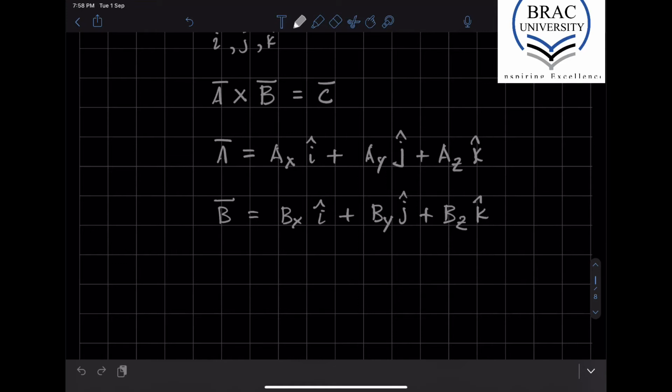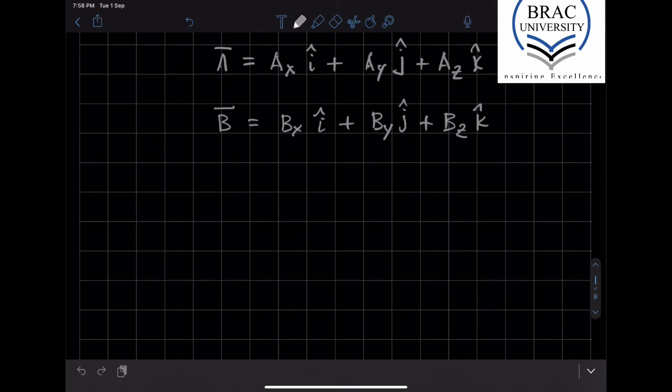To find the cross product, we have to find the cross product between the unit vectors. If I take the two unit vectors i and j, the angle between them is pi by 2.